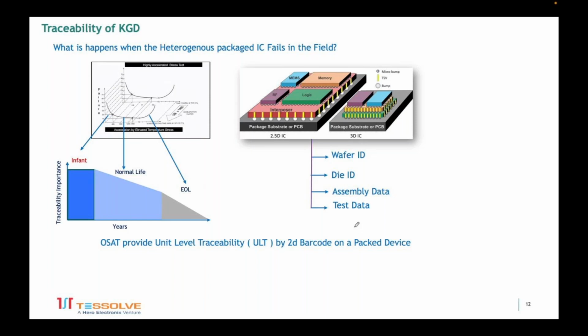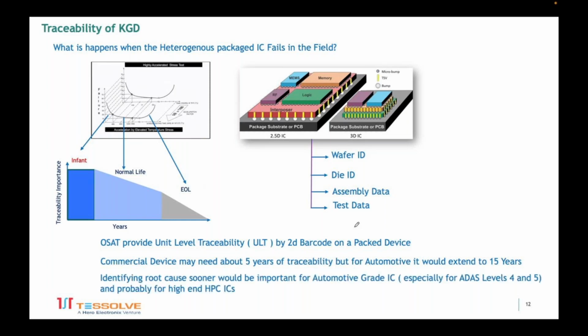Still, the OSAT who did the assembly could decipher it, but that may take 2 or 3 days to figure out. For the application requirement, that time lag just to find out who did what may not be acceptable. And these data need to be kept for 5 years. In the case of automotive, you may need traceability up to 15 years.